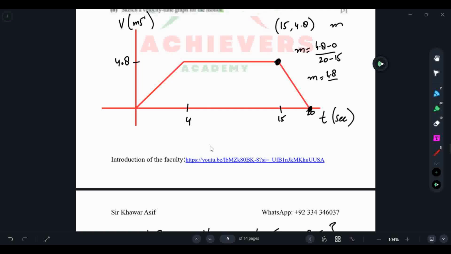So the gradient will be equal to 4.8 divided by 5. As it is going downwards, the slope will be minus 0.96. Now we can use y minus y1 is equal to m into x minus x1.